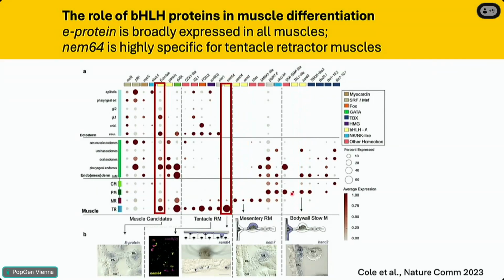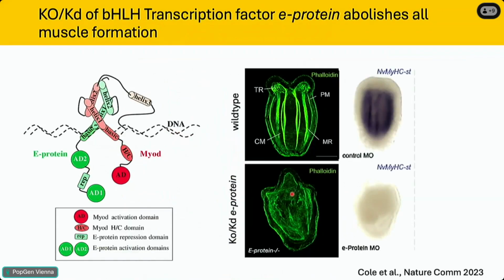Okay, so I want to focus on these two bHLH proteins first. Just as a reminder, bHLH proteins, the basic helix-loop-helix transcription factors, always form dimers, of which one is invariably the E protein.